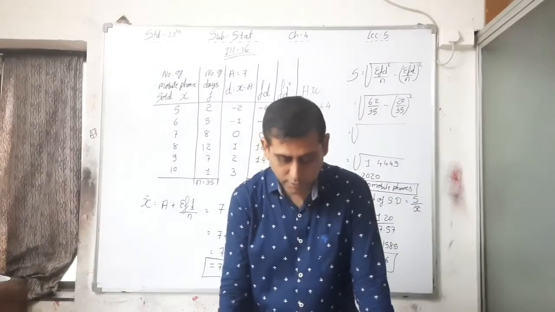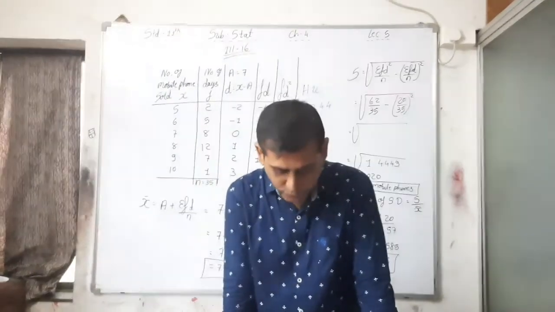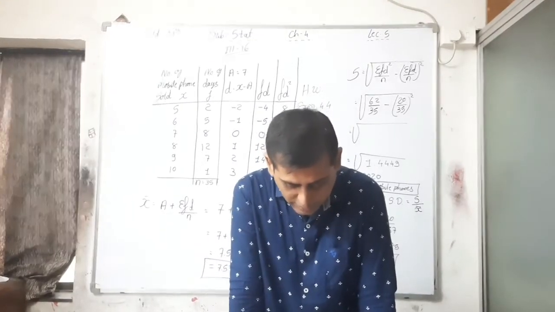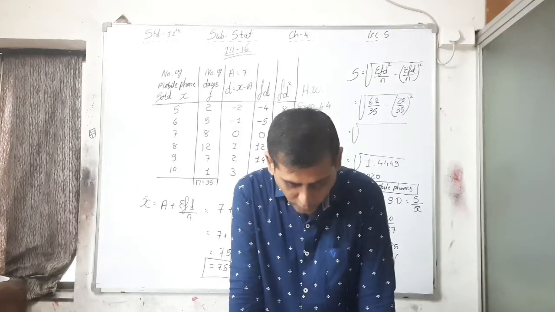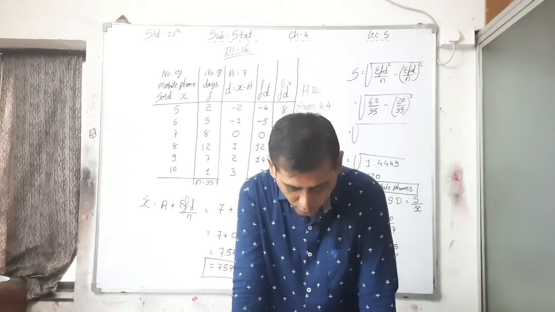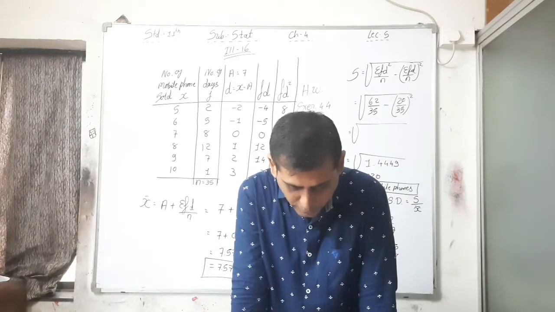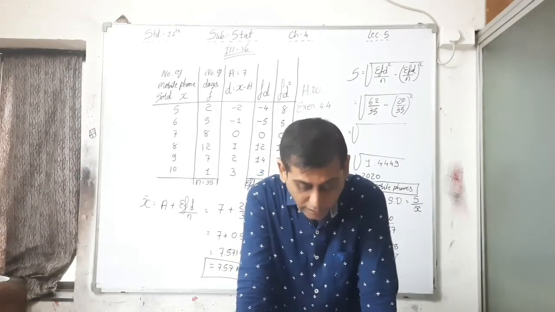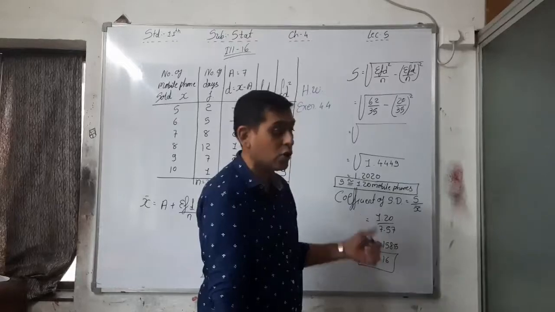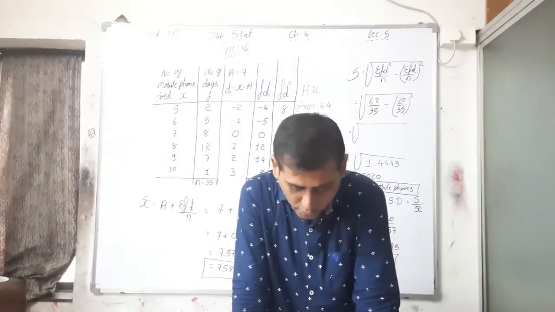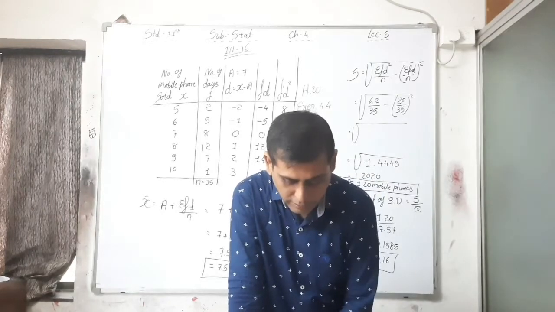Question number 1, that is ungrouped data, and you have to find out the standard deviation from that. Question number 2, again ungrouped data, and you have to find out the standard deviation from that. And question number 3 is discrete group data, and again you have to find out the coefficient of standard deviation, not standard deviation. Question number 3, coefficient of standard deviation for the discrete group data.